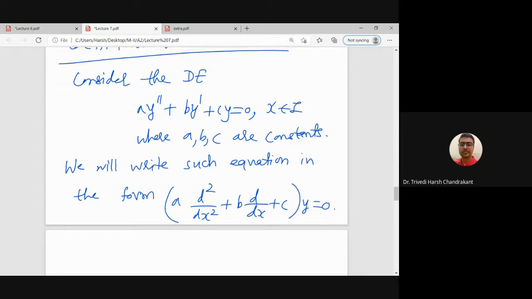Right. So this is the same as a times d square y by dx square plus b times dy by dx plus cy is equal to 0.